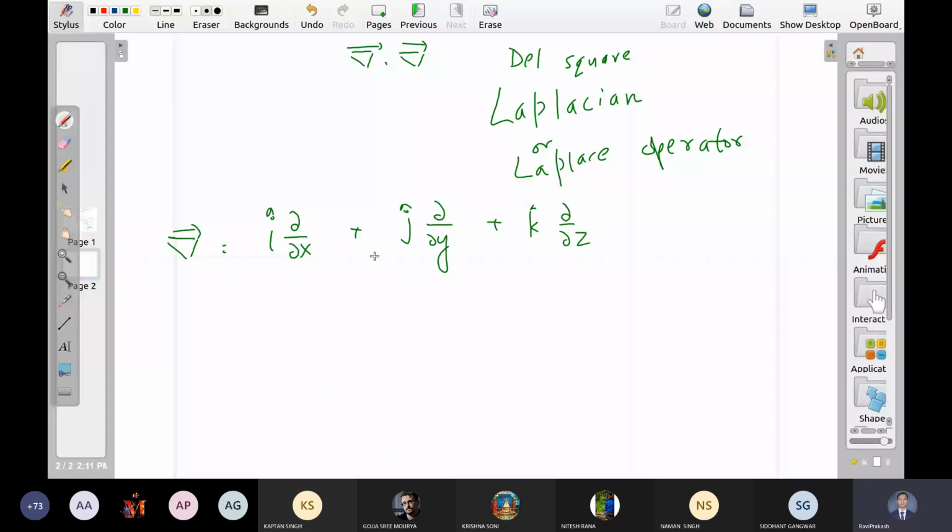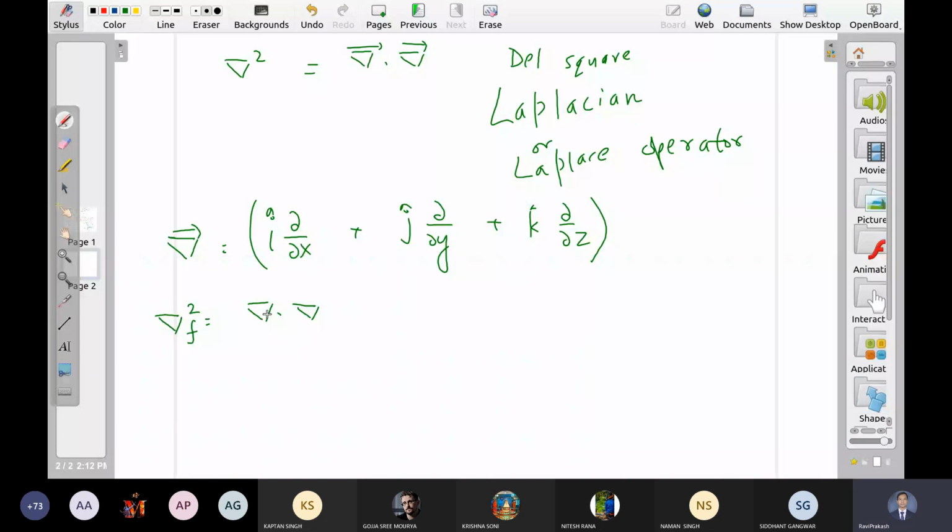This Laplacian is defined. So we can also write this thing as del square. And let us say I am going to apply it on some function f.